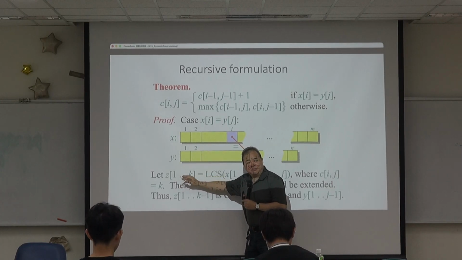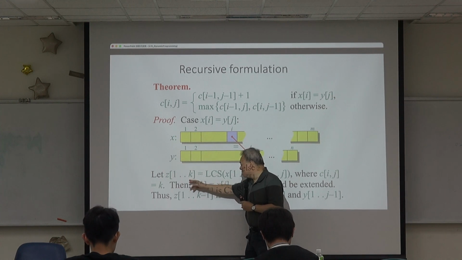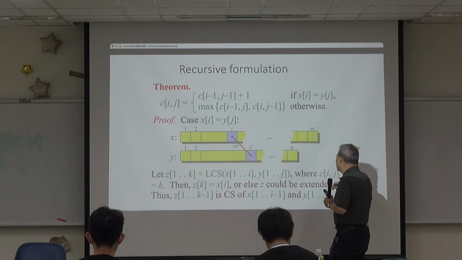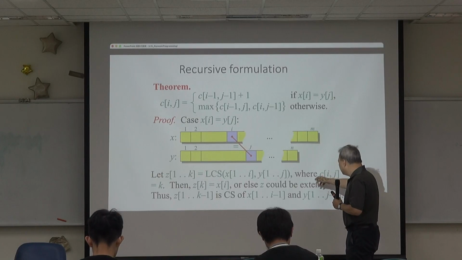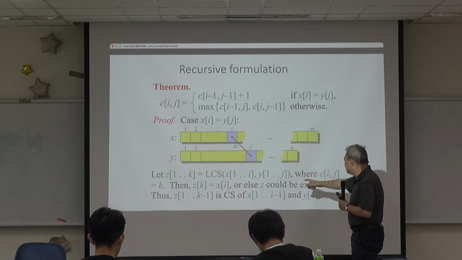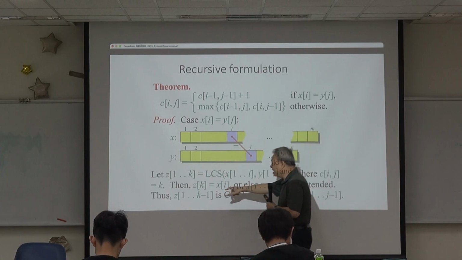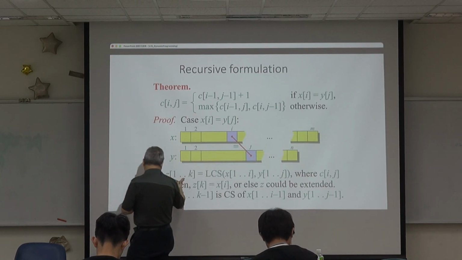This is the longest common subsequence. This is a string, where z 1 to k is a string. So Cij equals k, the length of z.